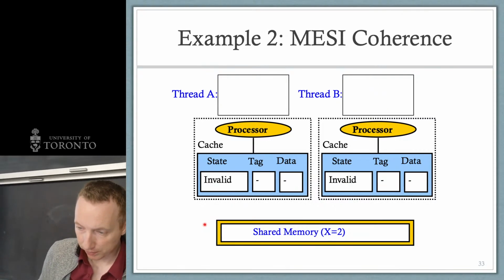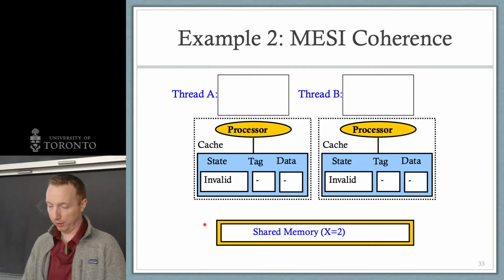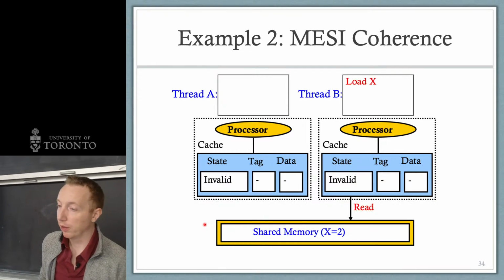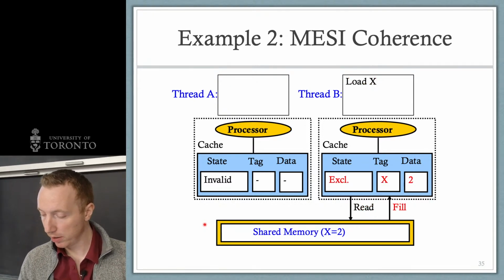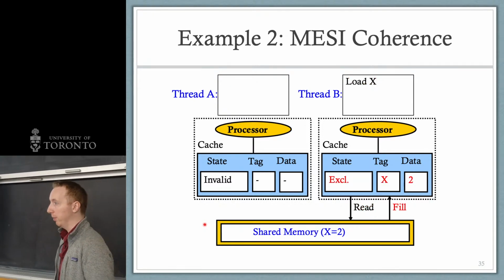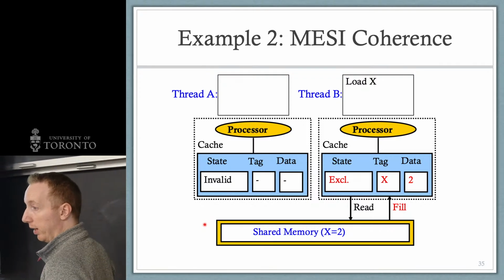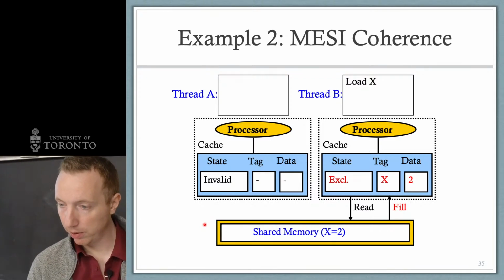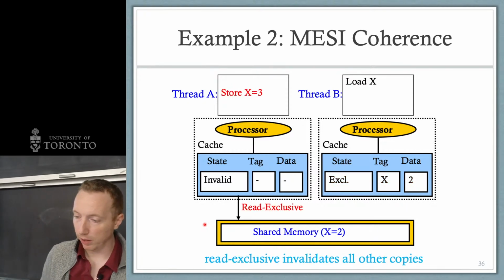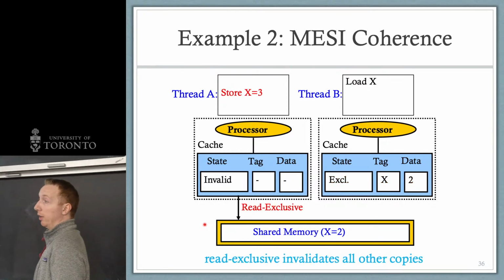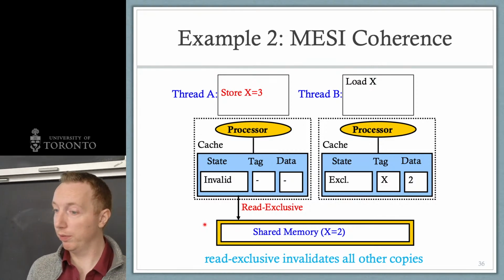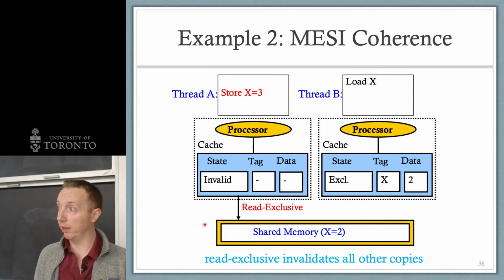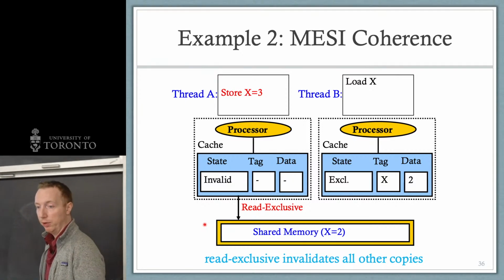So, in the second example, what happens if thread B loads x? Same thing, it will load from main memory, read that value 2. It was the first thing to read it, so it will be in that exclusive state. And now, if we try to actually store x, it will generate a read exclusive because it needs to check, hey, is this the most up-to-date value?